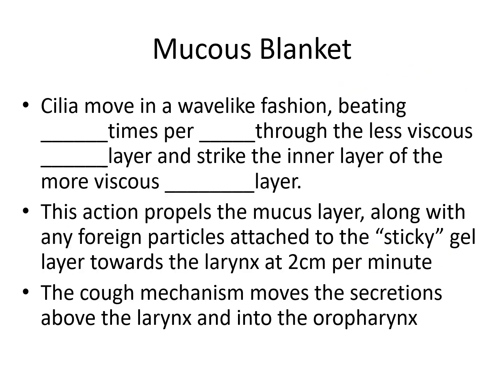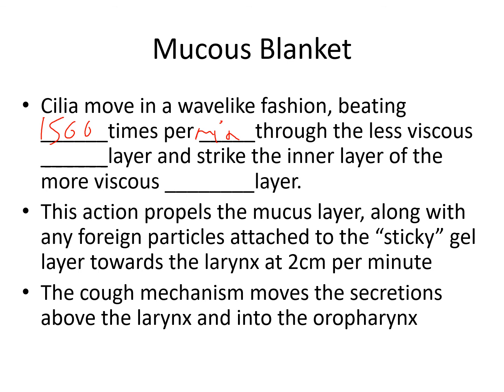The cilia move in a wave-like fashion, like I always talked about before. They beat at a rate of, and this is an important number to remember, 1,500 times per minute through the less viscous layer. Which one does the cilia move mostly in?